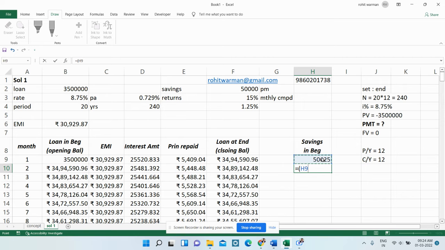The previous balance, and again he will put 50,000, and it will earn 1.25%, because the savings are 50,000 per month. Every month this investor is putting 50,000.